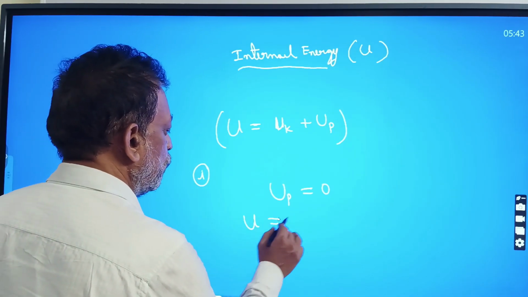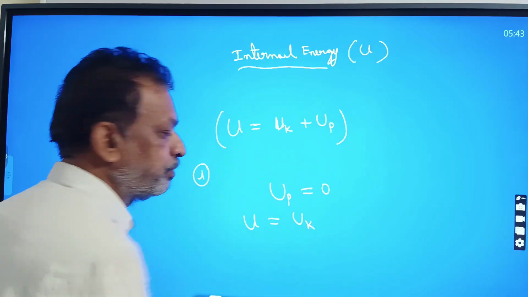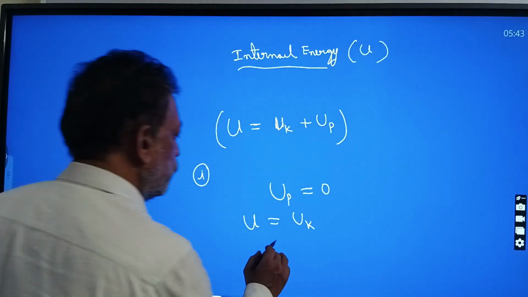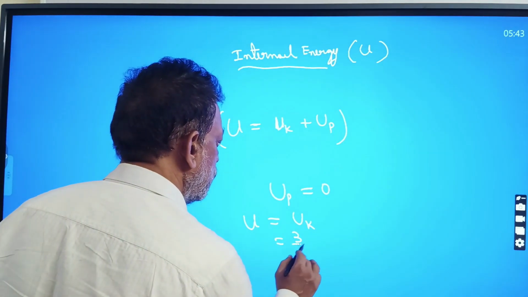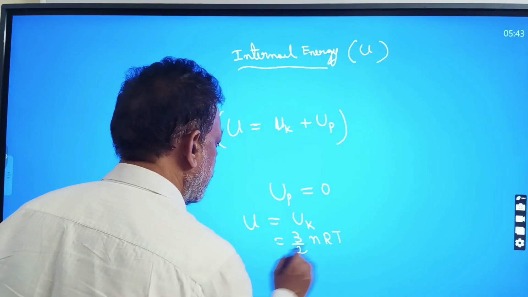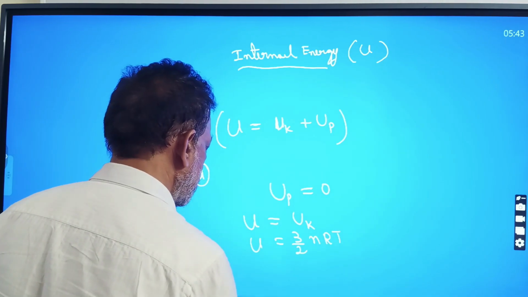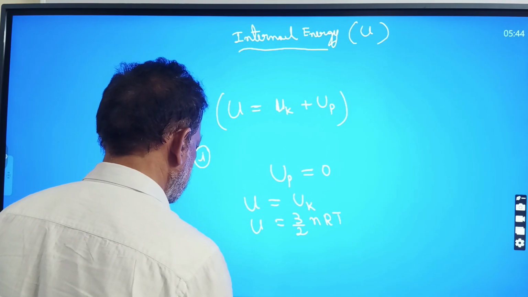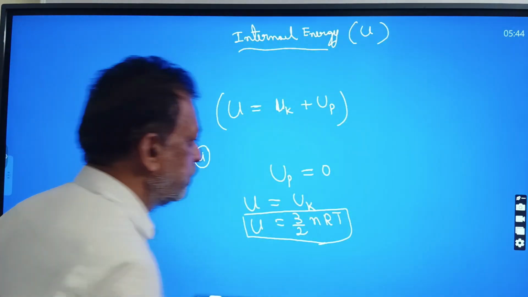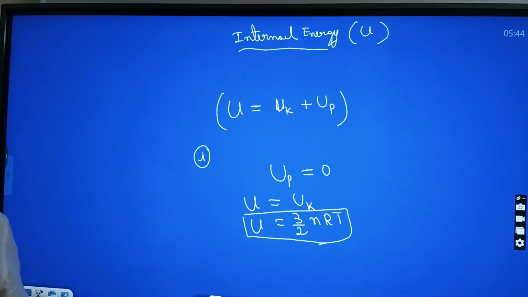So U is equal to UK, internal kinetic energy, which is equal to 3/2 nRT. For an ideal gas, this is the internal energy, since there is no molecular attraction and the potential energy becomes 0.